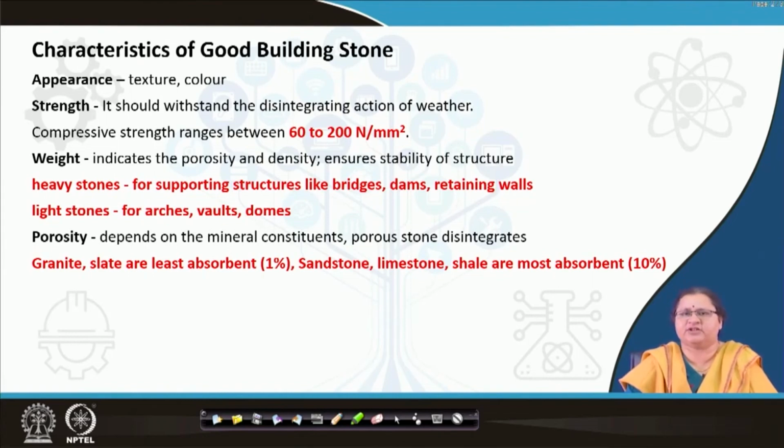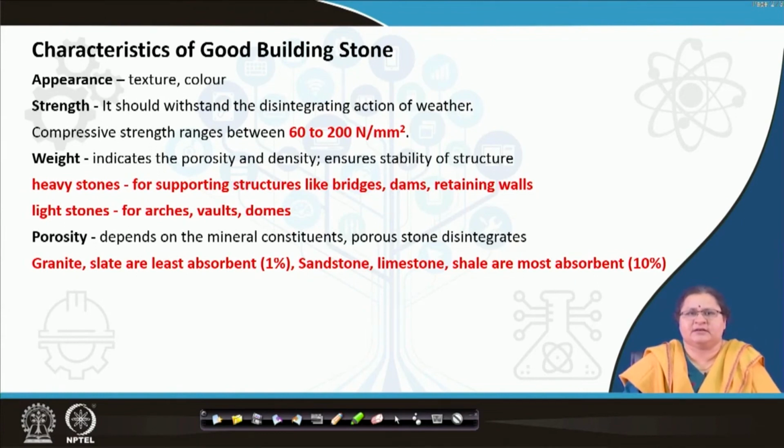You can differentiate stones just by looking at them. We have some pictures also to make you aware. You can understand with time, with exposure, that yes, this is marble, this is granite, this is black stone, this is sandstone. So, that is particularly the texture and the color which is giving you that clue.